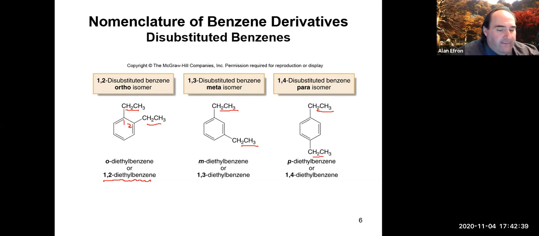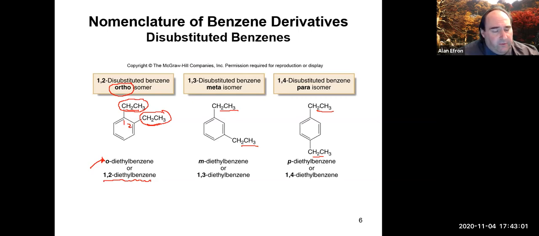Now, when you have a benzene ring and you have groups located at carbon 1 and carbon 2, that is also what is known as the ortho positioning. So instead of using numbers, it is still very common that people will use ortho-diethylbenzene, or just O, to indicate ortho positioning.